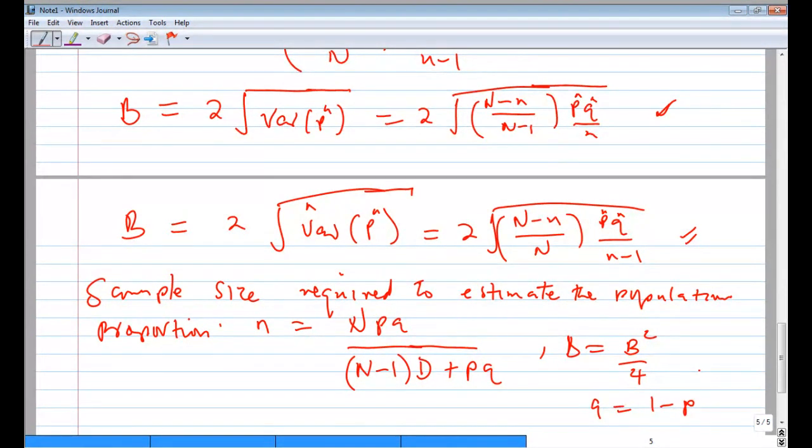So this is the formula you can use to calculate the sample size required to estimate the population proportion.